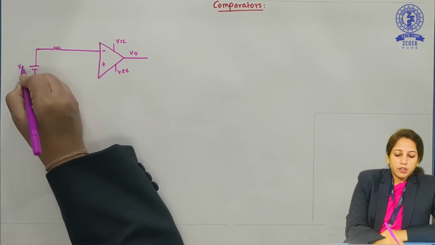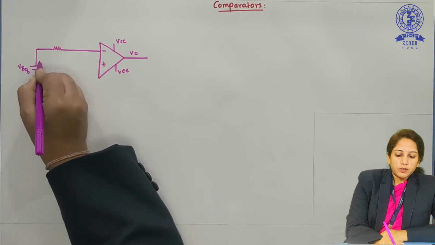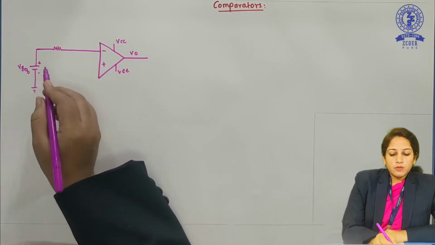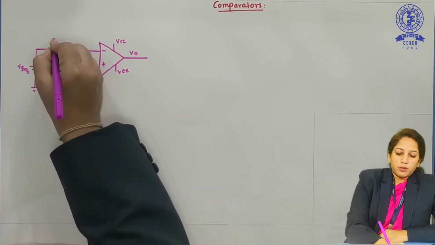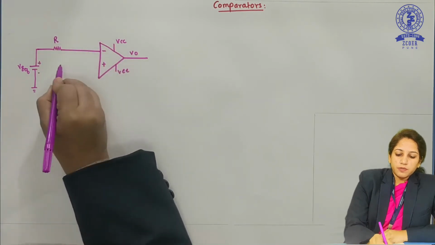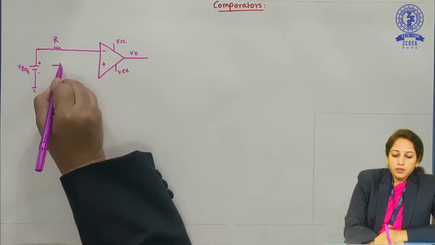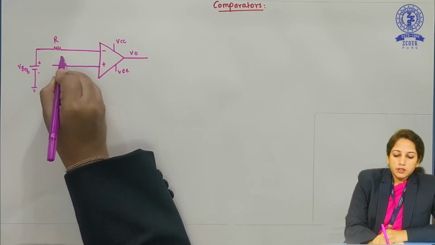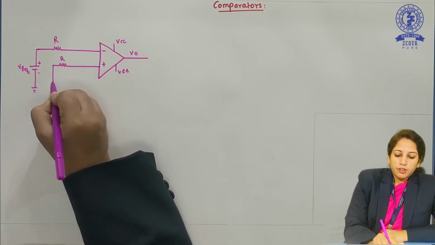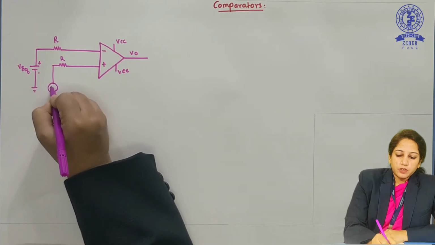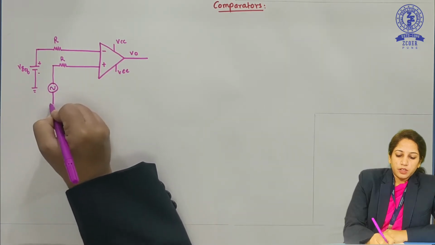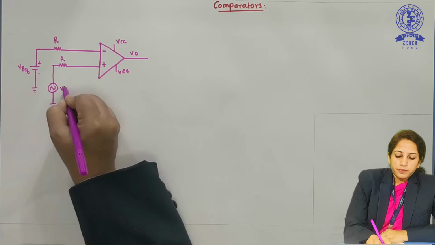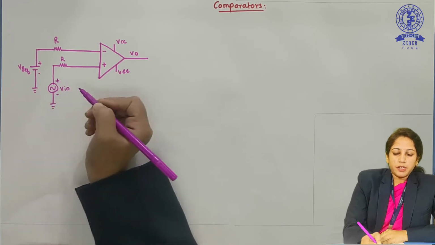This will be called the V reference voltage. So this will be a fixed DC voltage. This is a resistance R. Again on the other terminal, R, I will give the input source voltage, that will be V in, and it will be an AC signal.